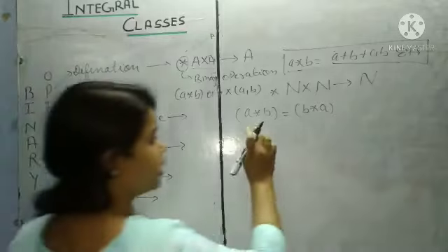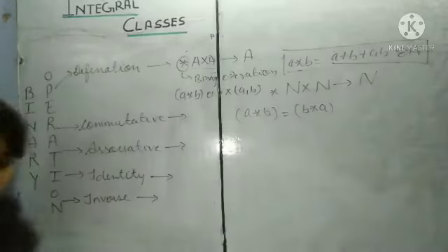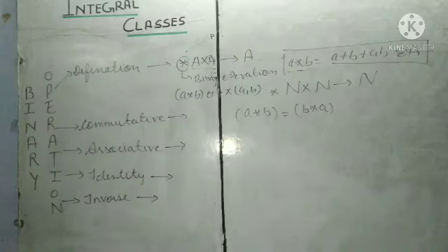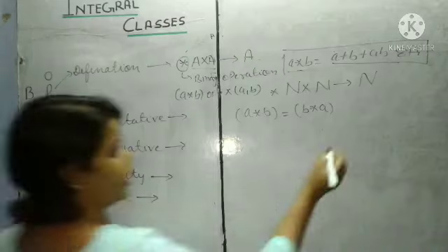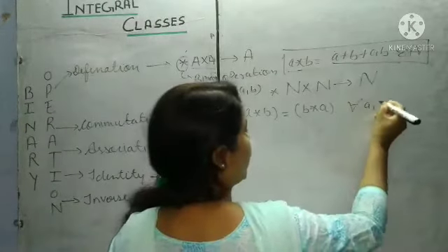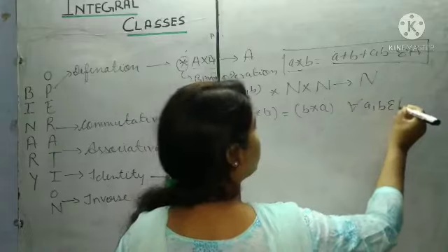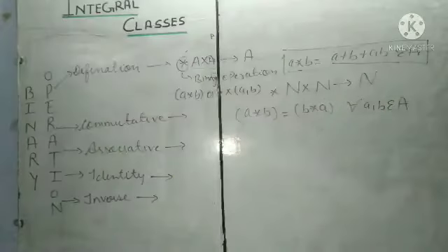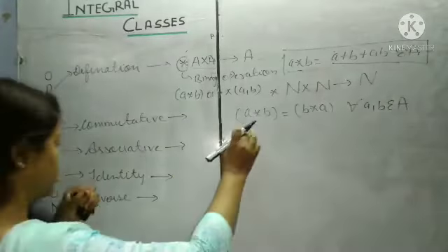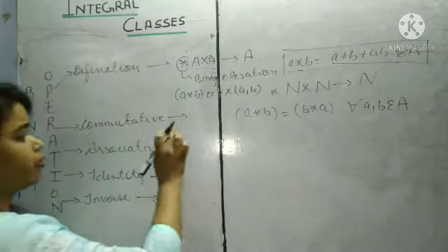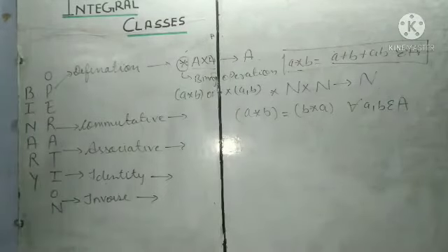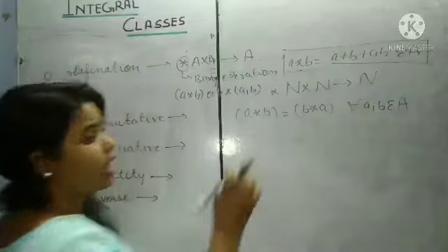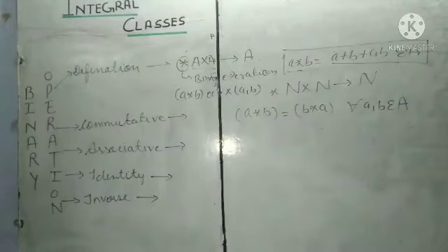A star B equal to B star A. In this condition we get the same result for all A, B belonging to A. So this type of property is called commutative property, and it applies only to two elements of any cross product.